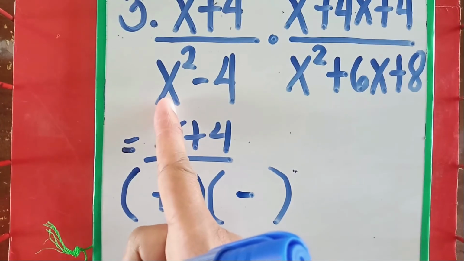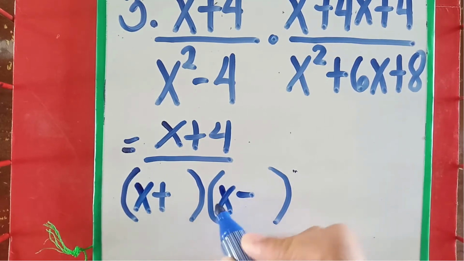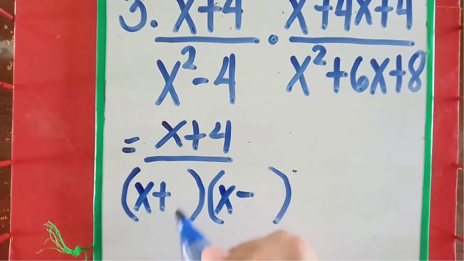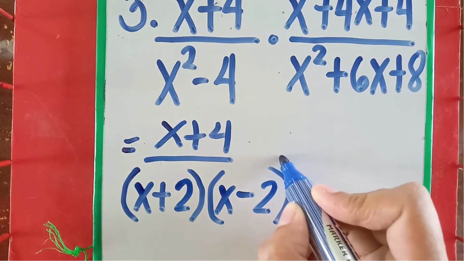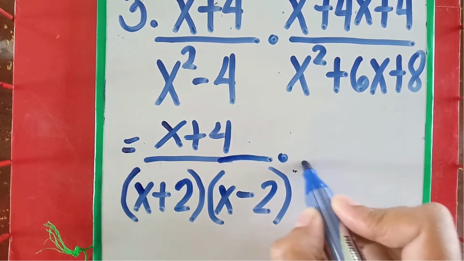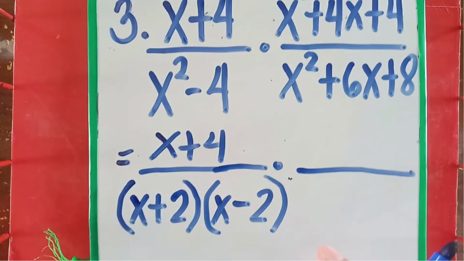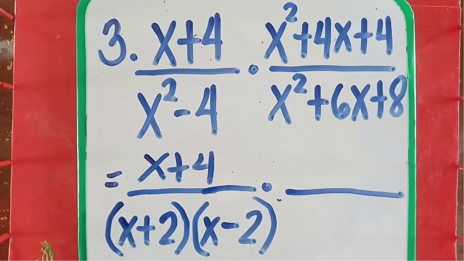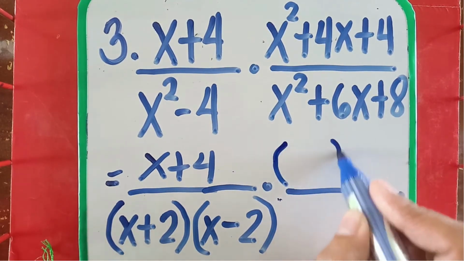So, what's the square root of x squared? So, we have x. Square root of 4. So, that is 2. And then times. Okay. So, we can now factor this one. So, x squared plus 4x plus 4 can be factored as 2 binomials.